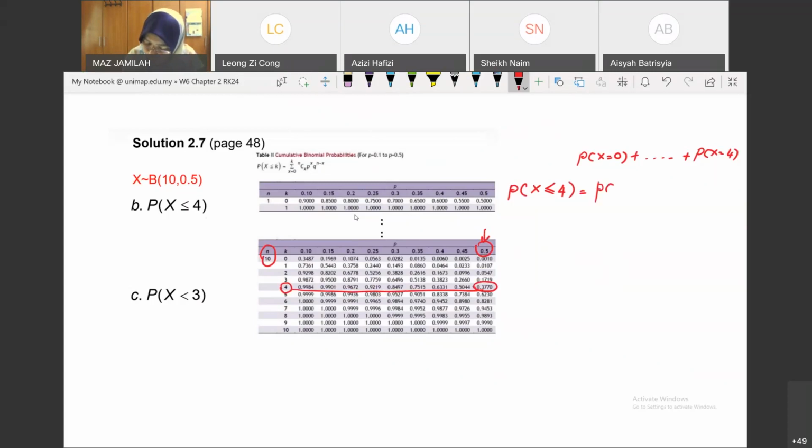Directly from your table, it is 0.3770. No need to calculate anything. Just look at the table, because this is given for less than or equal to 4, including all of these.